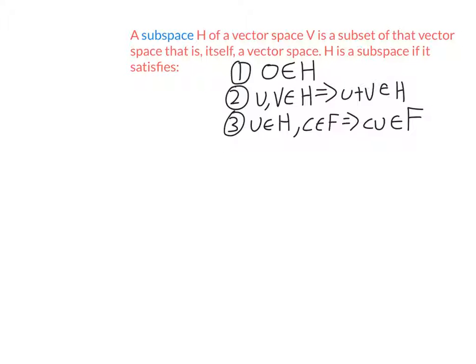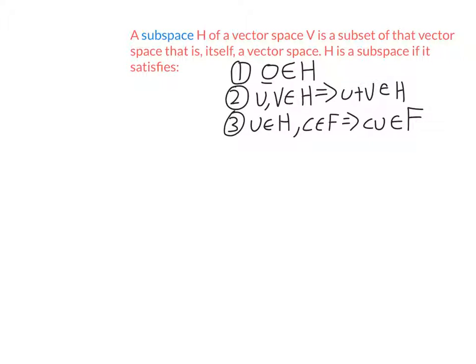We said on the previous slide that for a set to be a vector space, the zero vector has to be a member of that set. But there's no reason that the zero vector would have to be in any subset of V. So that's why we need to check number 1.